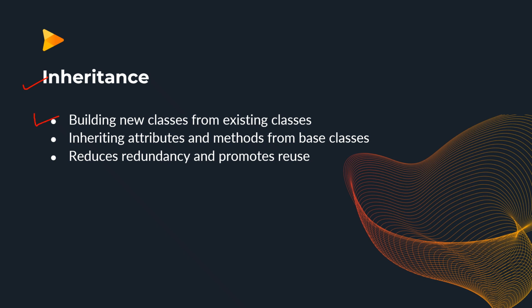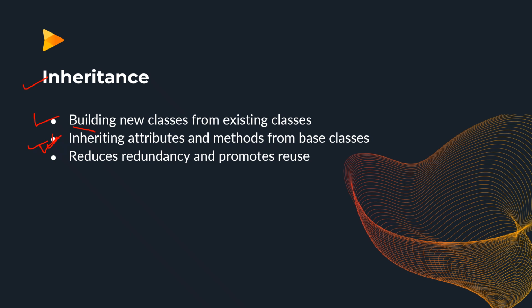Okay, now we are going to see the third pillar, inheritance. Inheritance means building new classes from existing classes. A child class will inherit the characteristics of a parent class. There will be one parent class and one or more child classes which inherit the properties of the parent class.